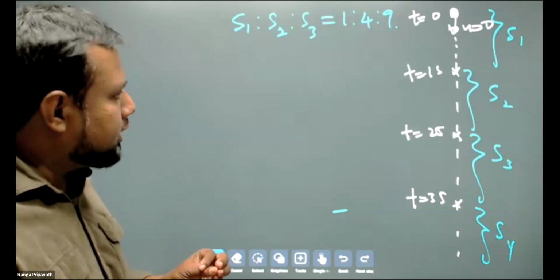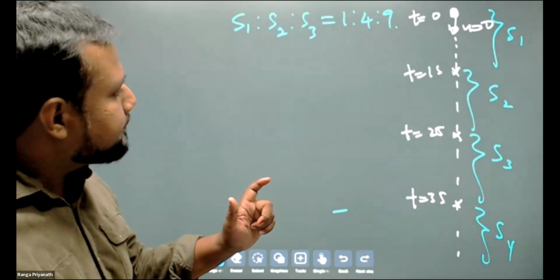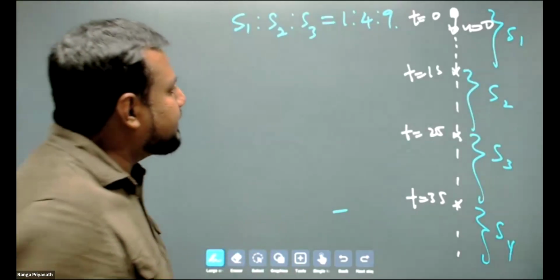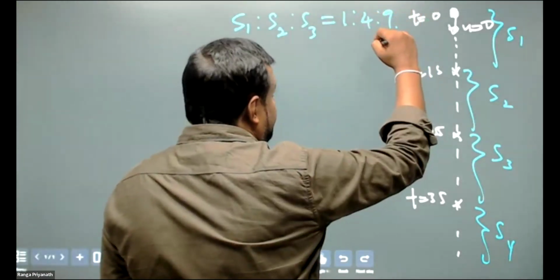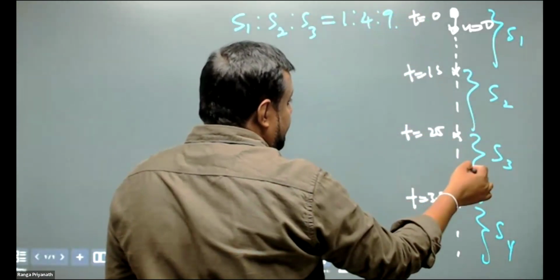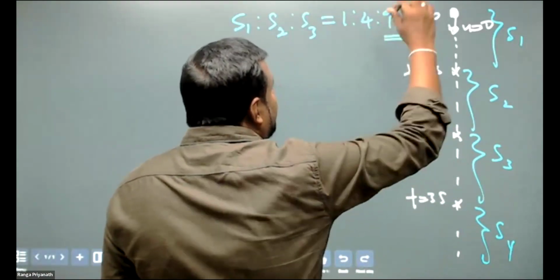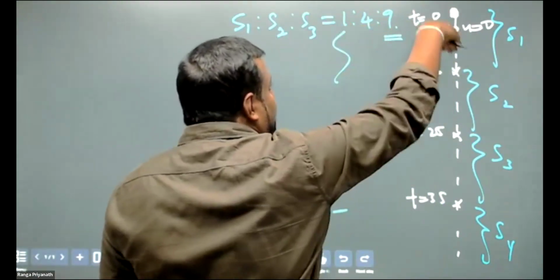According to the question, during the third second it travels 9 floors. 9 floors means during the first second it travels only the first floor.